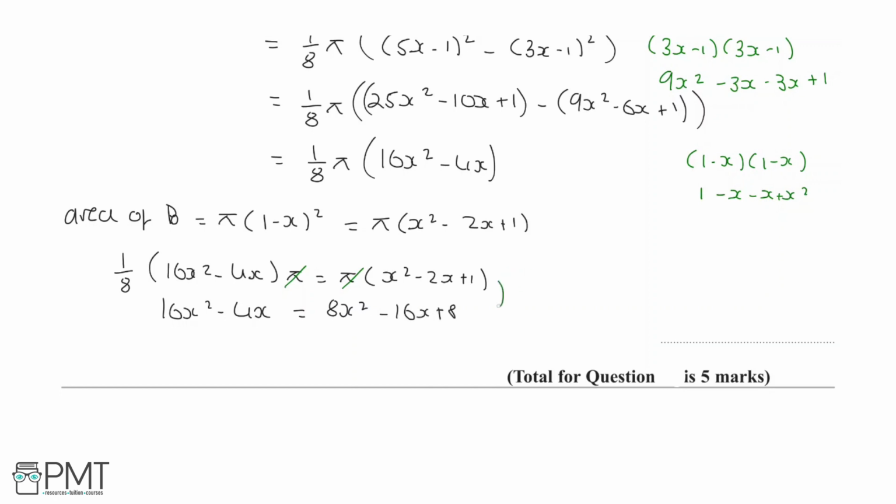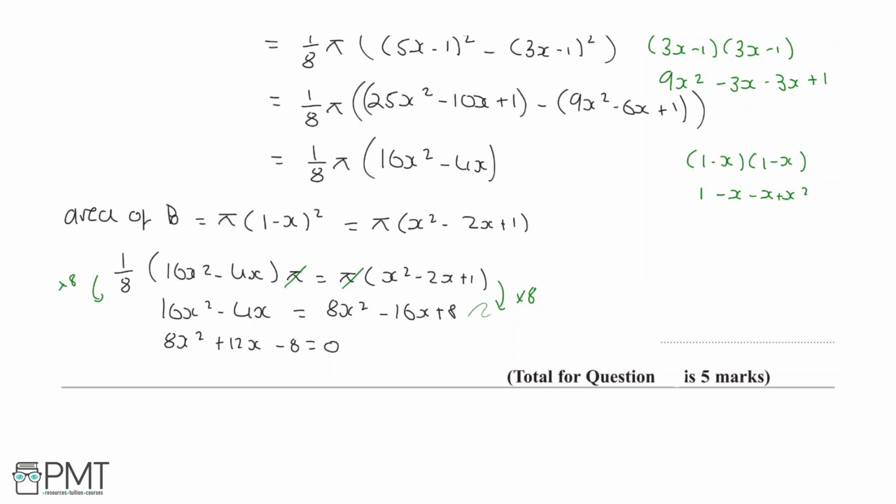So in a sense what we did was we multiplied by 8 on this side and multiplied by 8 on this side. Now we can rearrange, so we will have 8x squared minus 4x plus 16x, so 16x minus 4x is 12x, plus 12x minus 8 equals 0.